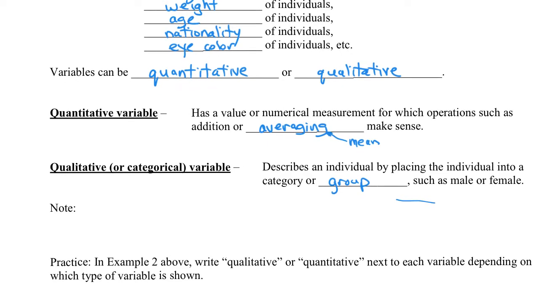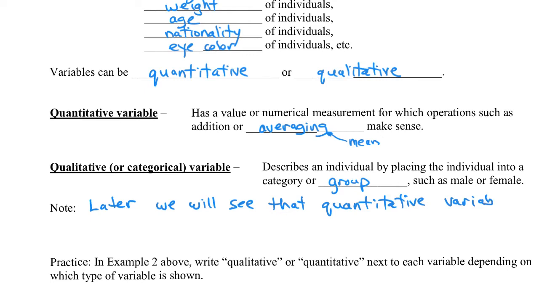Okay, so for us, we've got quantitative and qualitative variables. And we've got a little note here. The note says, later we will see that quantitative variables are either discrete or continuous.